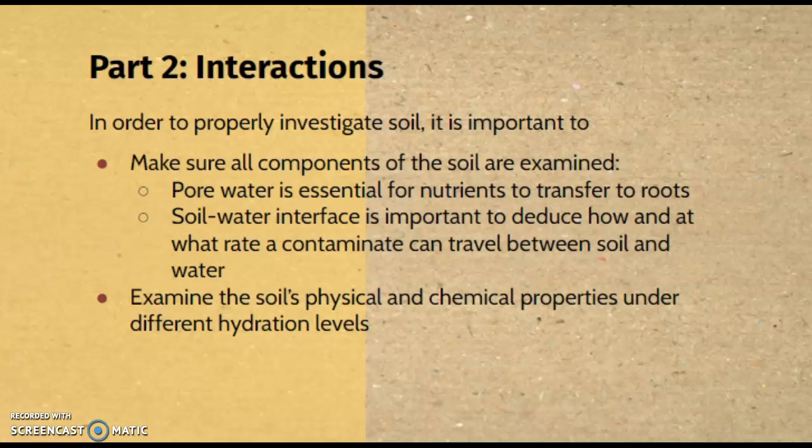It's also important to examine the soil's physical and chemical properties under different hydration levels.